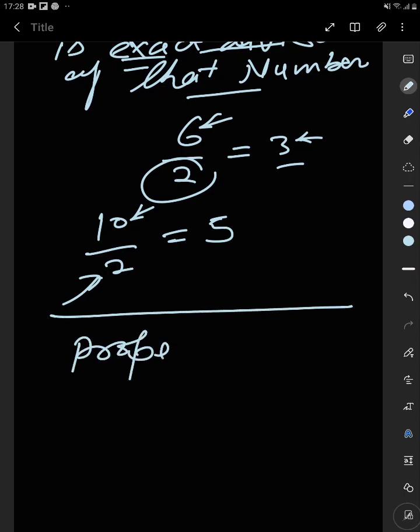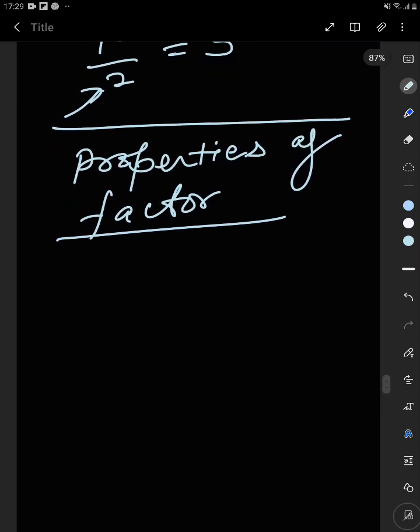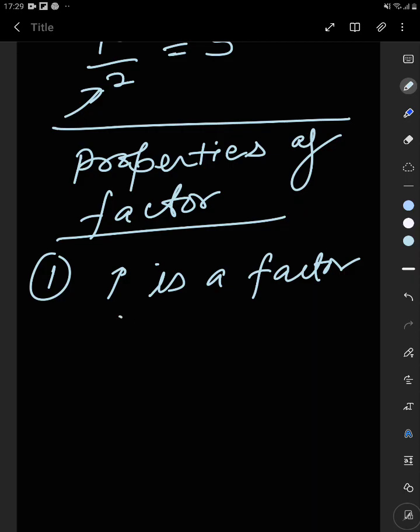What are the properties of the factors of a number? The first property: each number will have 1 as a factor, because any number can be divided by 1 without any remainder. So 1 is a factor of every number.